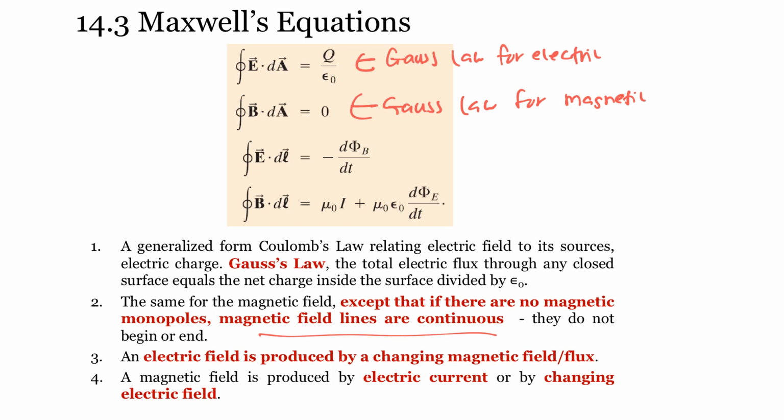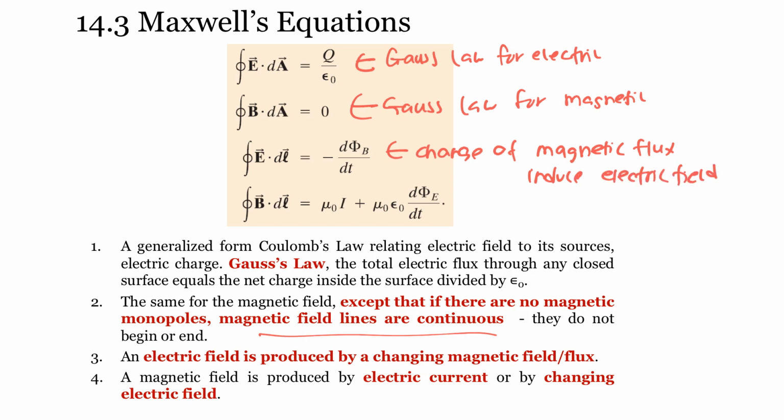Like an electric field can start from a positive charge or end on a negative charge. And this next formula is where the change of magnetic flux induces an electric field.